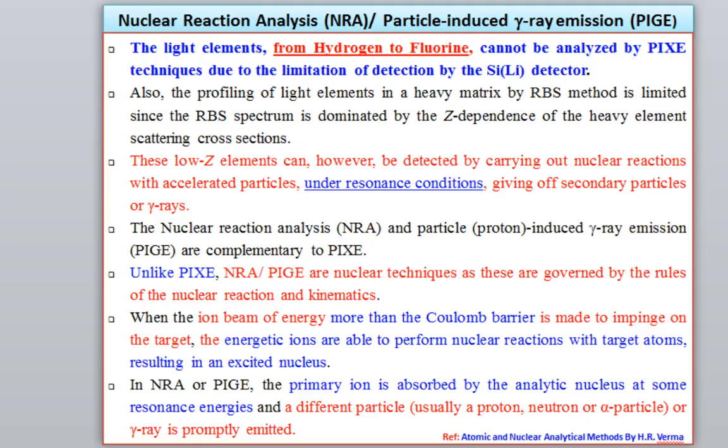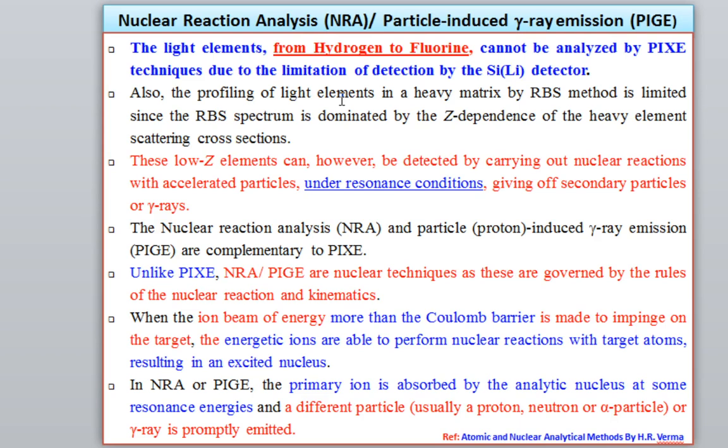As I discussed, in the case of PIXE or RBS, the light elements from hydrogen to fluorine cannot be analyzed by the PIXE technique. Why? Because of the limitation of the detector, the silicon detector cannot detect the light elements.